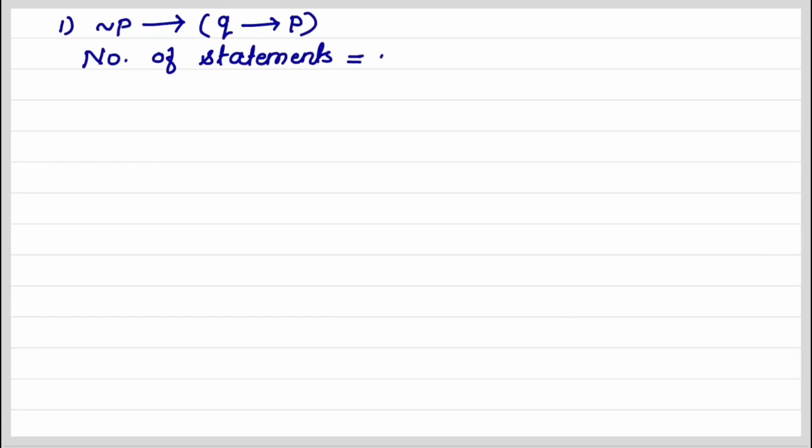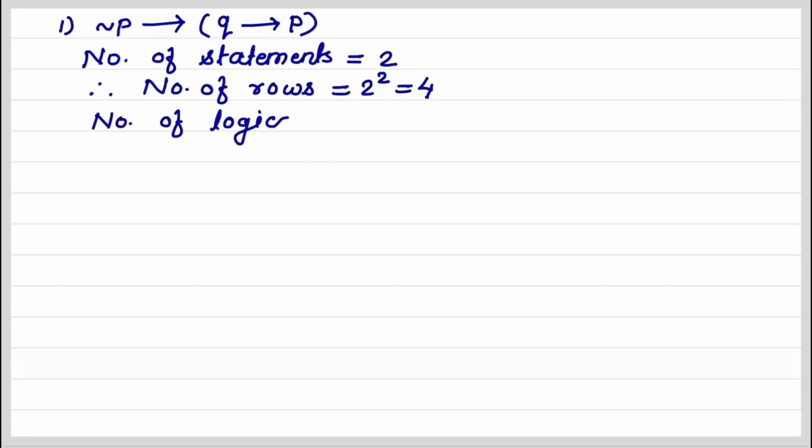Let us see the first example: negation of P implies Q implies P. How many statements? 1, 2. 2 statements are there. Number of statements is equal to 2. Therefore, number of rows. We know number of rows is equal to 2 raised to number of statements, that is 2 raised to 2 is equal to 4.